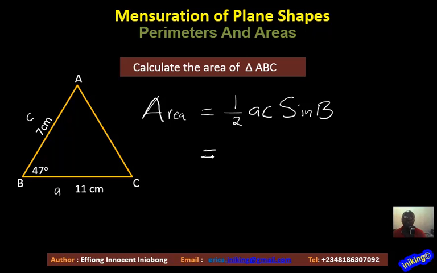So the area of this triangle will be half times A, 11, times C, 7, times the sine of 47.